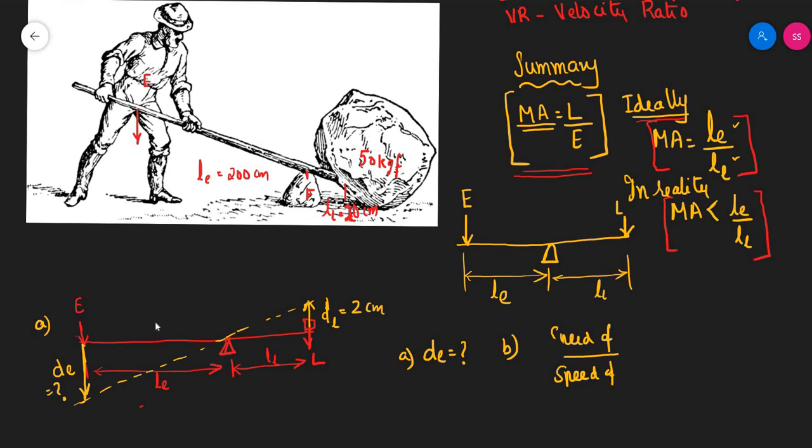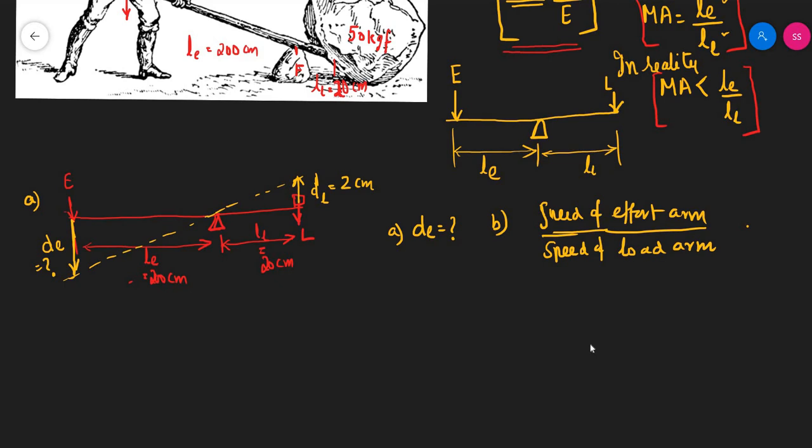Let's find out the speed of the effort arm by the speed of the load arm. So you can take a pause and try to find out both these answers. If you have got the answer of DE as 20 centimeters and this ratio as 10, then you're right.